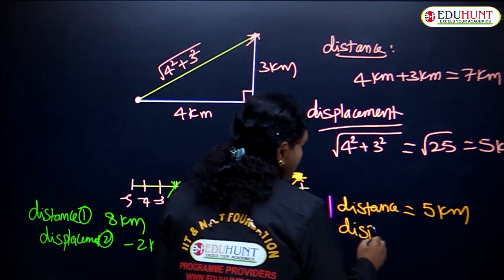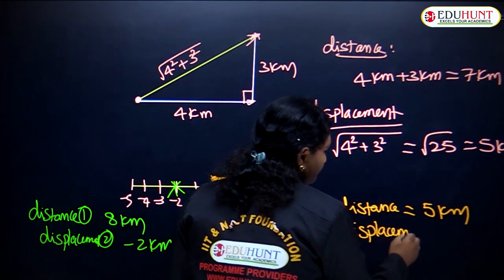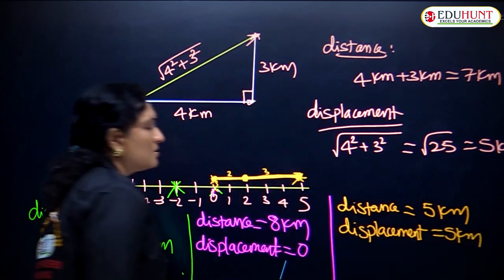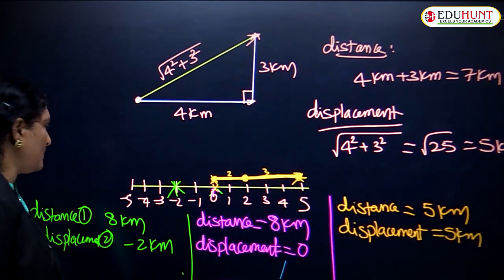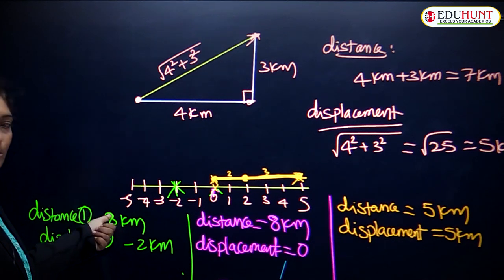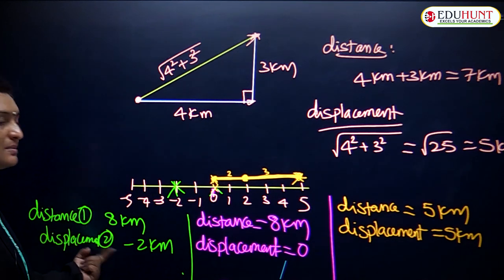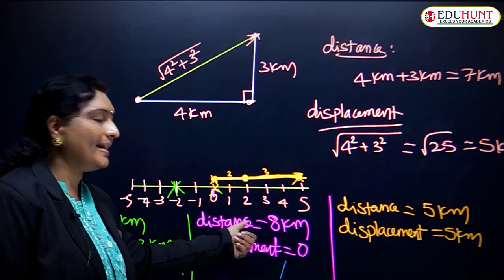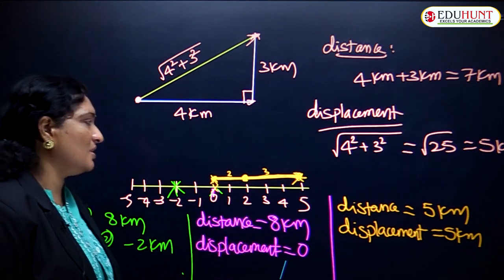Here displacement is 5 kilometers. So, 3 different models I have explained to you. In the first case, the distance was 8 kilometers whereas displacement is minus 2 kilometers. Second case, distance is 8 kilometers and displacement was 0.